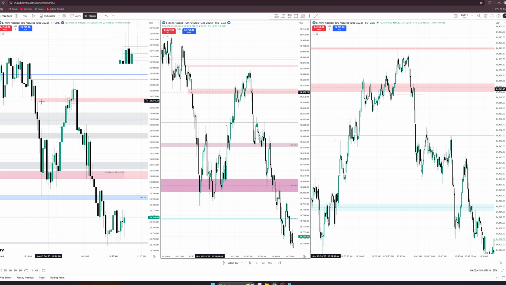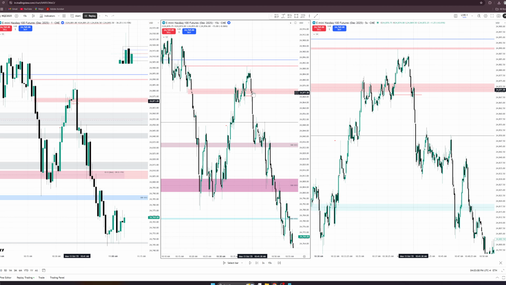Now whenever price is coming into the premium levels, we want to see a rejection or a shift in market structure from the premium. So how do you confirm that shift in market structure? On a 15-second chart, you can see this series of up close candles. This candle with the wick pierced this opening price.